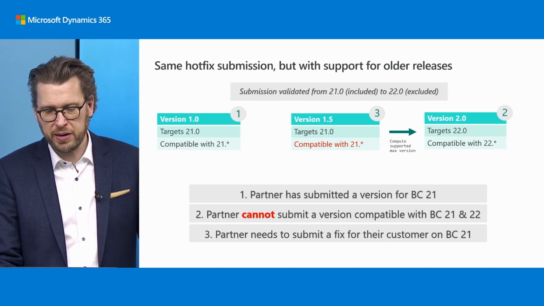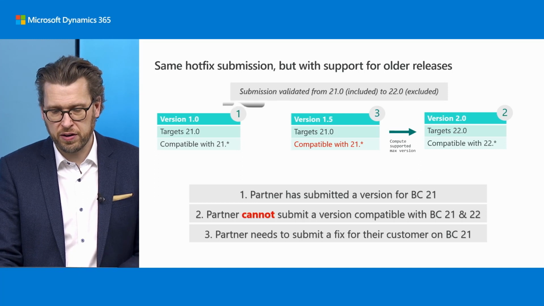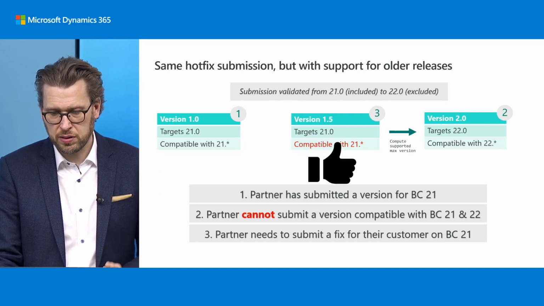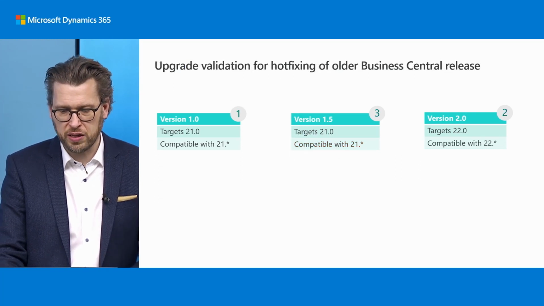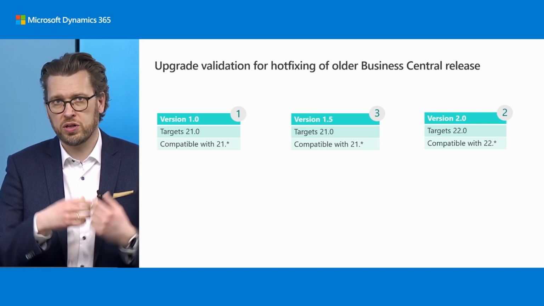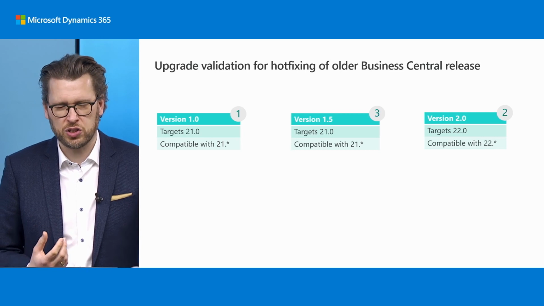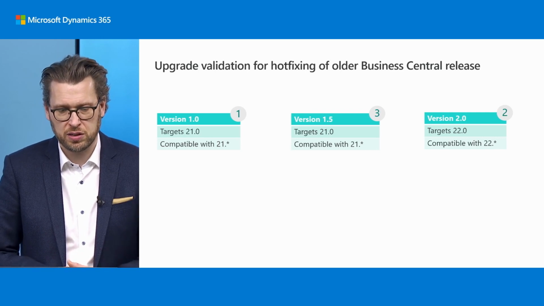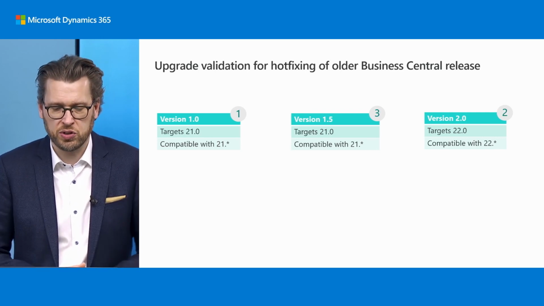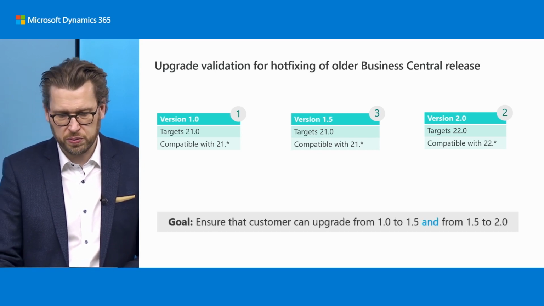So you will be able to hotfix now the prior versions. That means that you will now be able to uptake these capabilities or breaking changes, etc., while still retaining supportability of your existing customers.